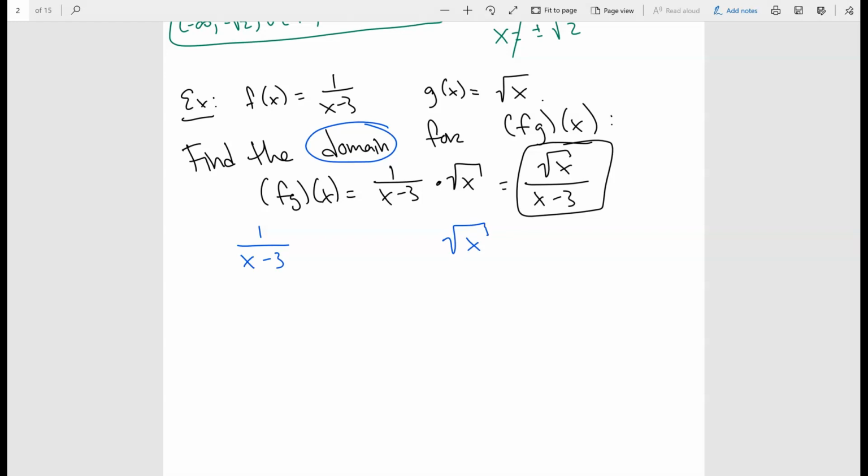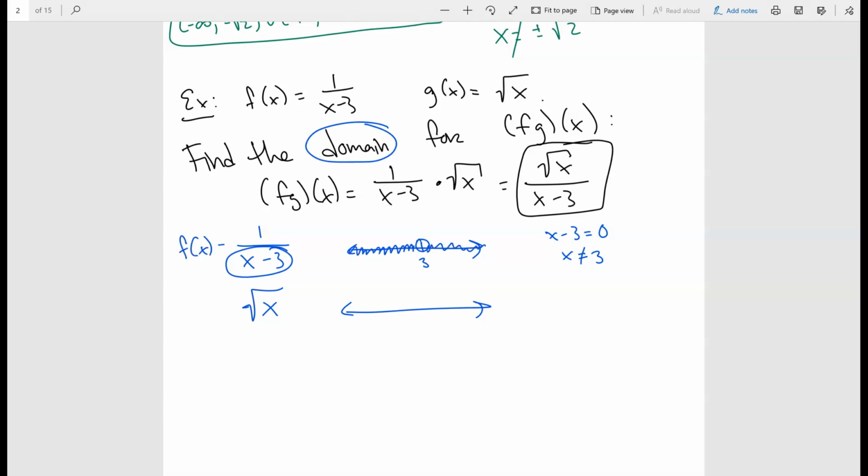So let me write it like this. Square root of x on the bottom. So when we think about the domain of the first two, we're going to try to look at the domains. So remember that the domain of this guy is basically taking the denominator and setting it equal to 0. So that means x cannot be 3. So it can be any number that you want, it just cannot be 3. So that's the domain of the first guy, okay, of f of x.